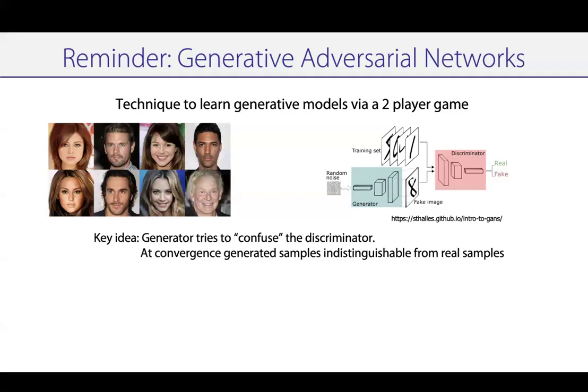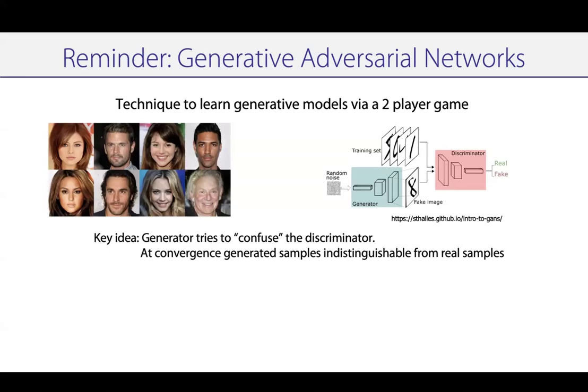The idea behind a GAN is that it's hard to get tractable log likelihoods, but you can cast this as a two-player game. You have a generator and a discriminator. The generator is trying to confuse the discriminator, and the discriminator is trying to tell the difference between samples generated by the generator and real data. The generator generates samples, and the discriminator tries to figure out if those samples came from the data set or from the generator.